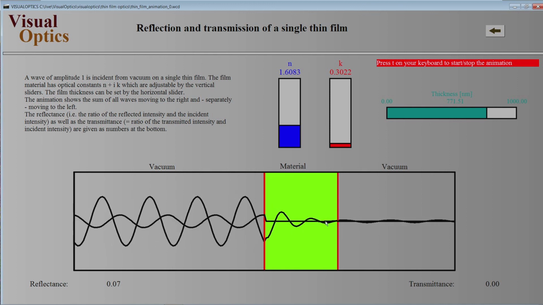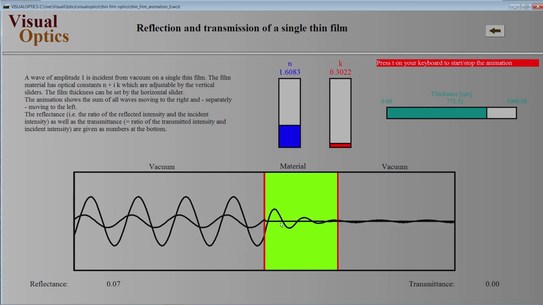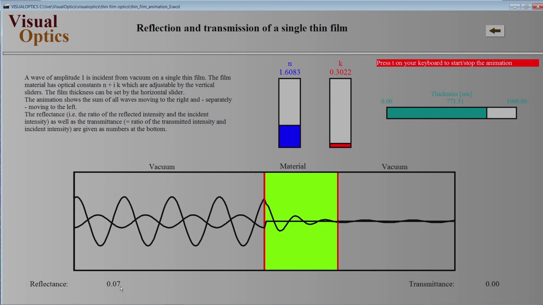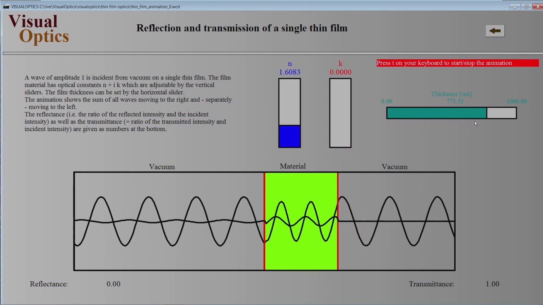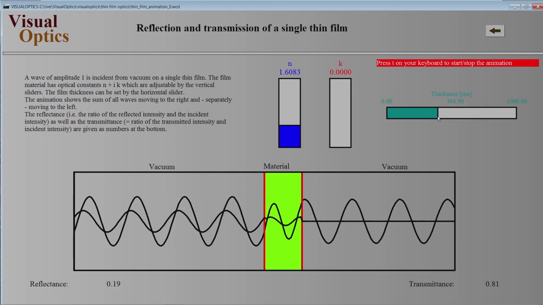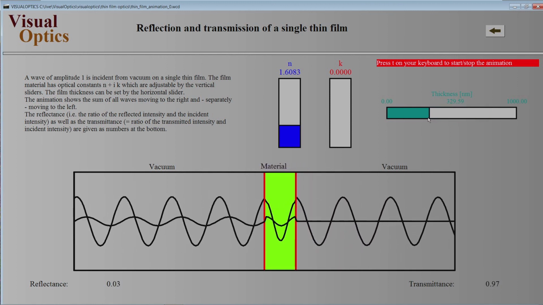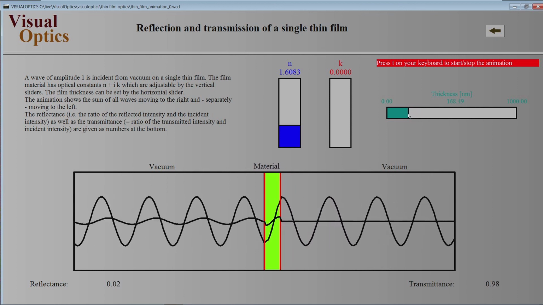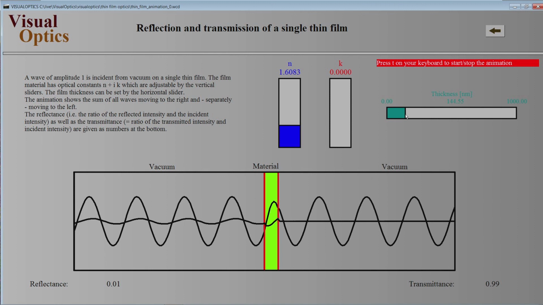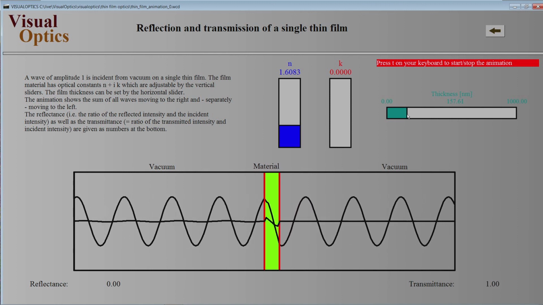So now nothing comes back from the second interface, and we have 7% reflection. If we make the layer completely transparent and I hope I can find the right thickness again that I had before, something like this.